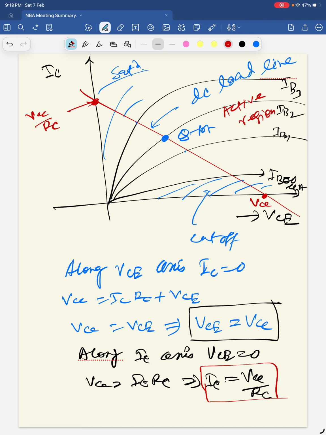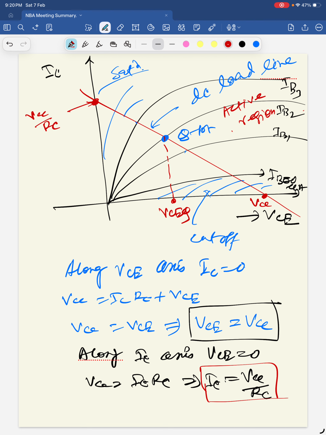Now, this is Q point. How to fix a Q point? If this is the Q point, that means this base current IB2, this corresponding voltage VCE, should be VCEQ.